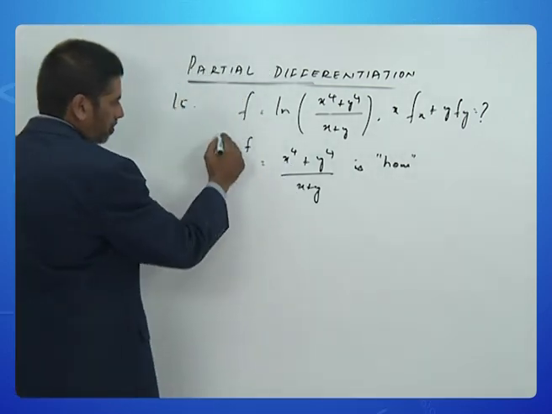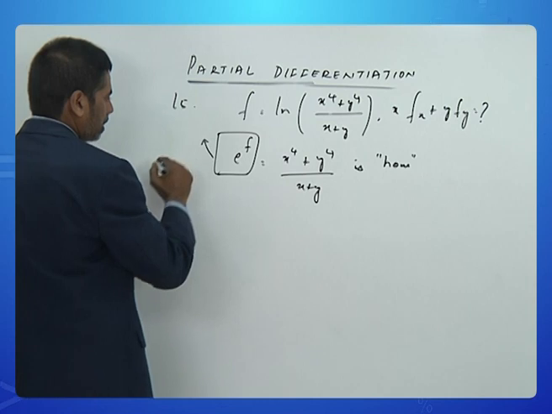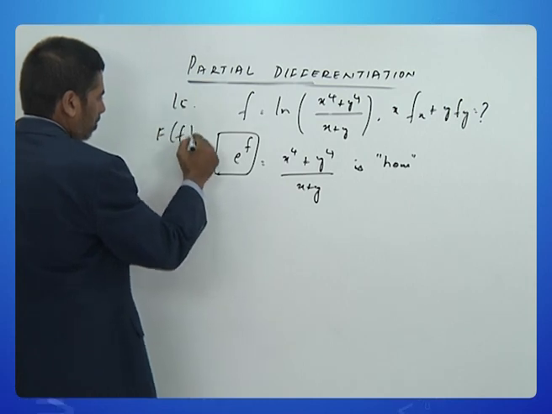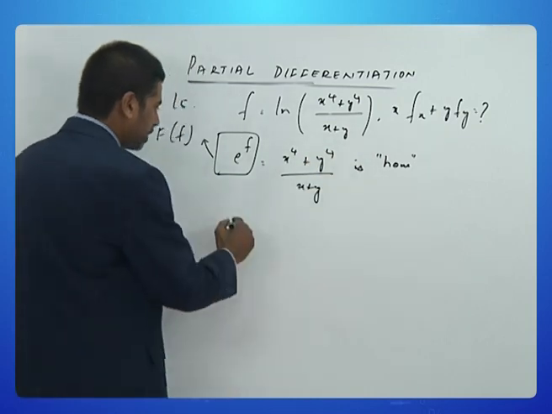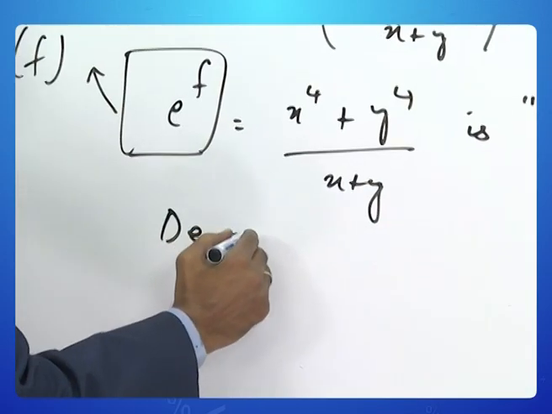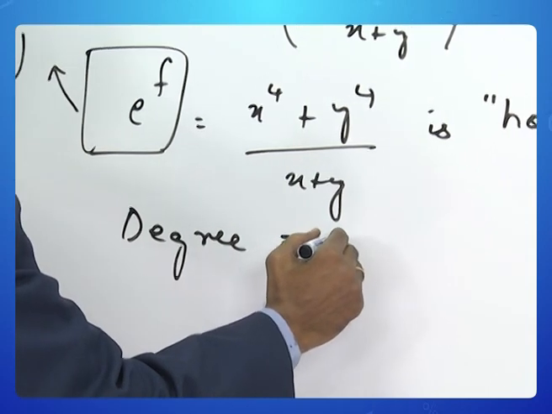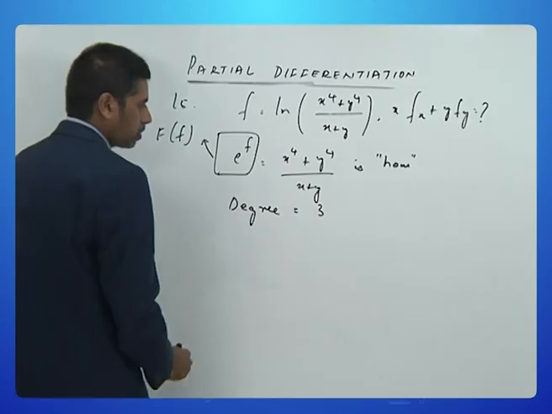So let's call this left hand side, e power f, a function of f. So the function of f is homogeneous and the degree is 4 minus 1.